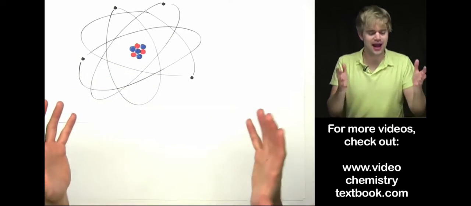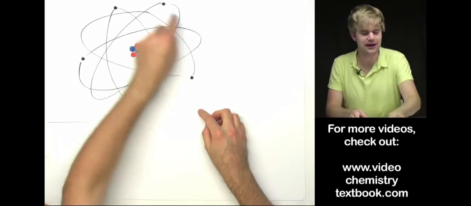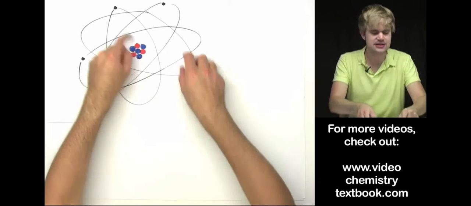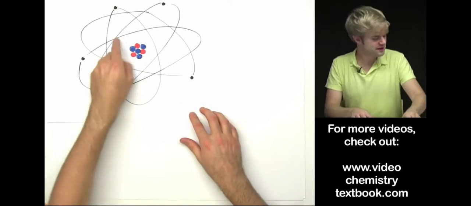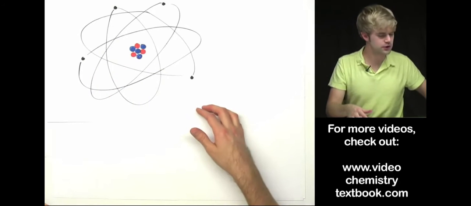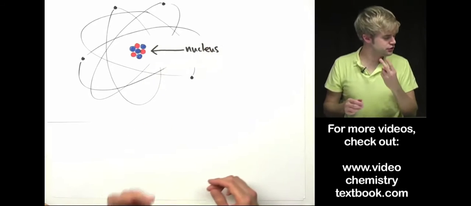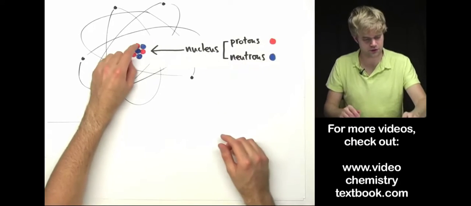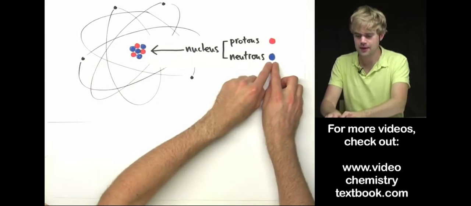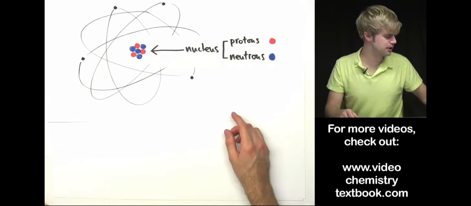We said atoms are like the building blocks for all stuff, but then if you look at an atom, it has even smaller building blocks that make it up. So in the center of the atom is something called the nucleus. And the nucleus is made up of two tiny particles. There are protons, which I've drawn as red circles here, and then there are neutrons, which I've drawn as blue circles. The nucleus is here in the middle of the atom.